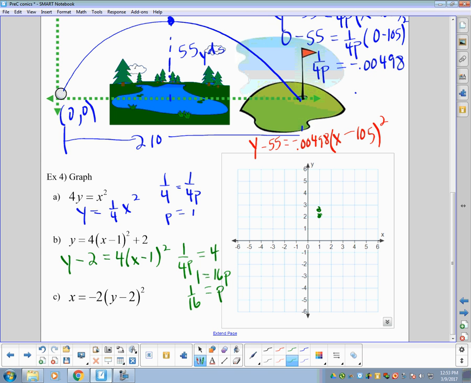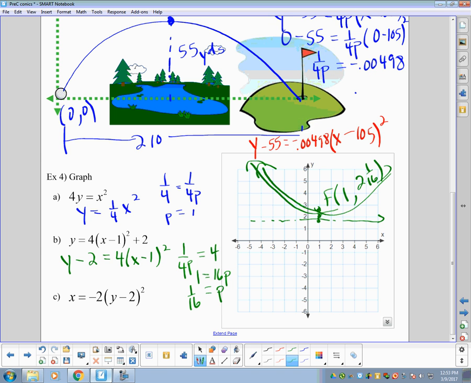Here's a question for you. What's the coordinate of this focus here? Just for fun. Oops. Goofed that up here. It's supposed to go through the vertex. Yeah, it's 1, 2 and 1/16.